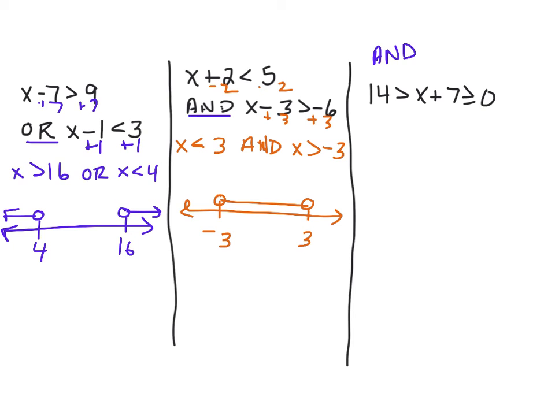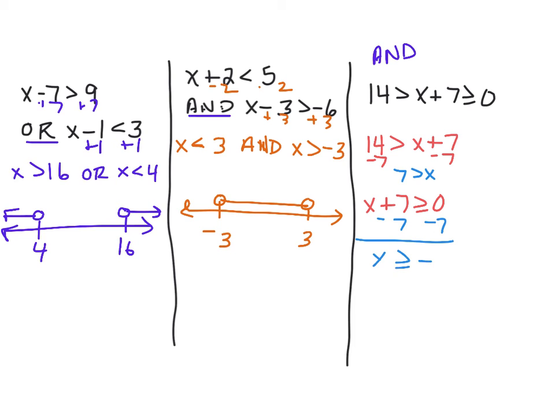This third problem I have, I'm going to pull this apart. 14 is greater than x plus 7, and x plus 7 is greater than or equal to 0. I would subtract 7 from both sides, and here I would get 7 is greater than x, subtract 7, and x is greater than or equal to negative 7.